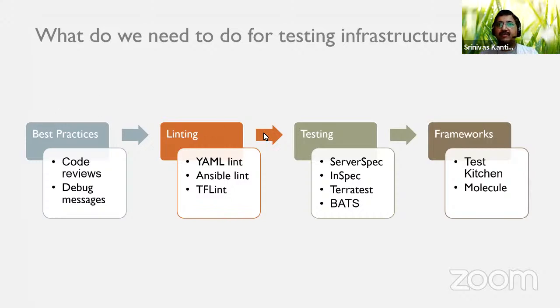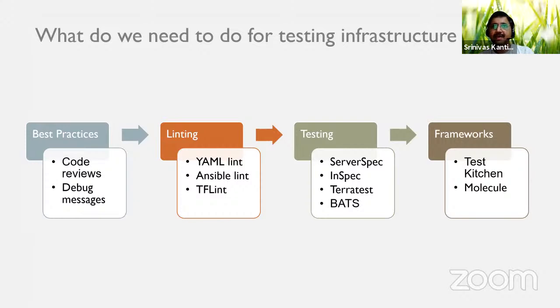And for testing, we have ServerSpec, Inspec, Terratest, and BATS. ServerSpec and Inspec are tools to check if your servers are configured properly. Inspec is from Chef, again our tool now. They can test if correct packages are installed and configured correctly.